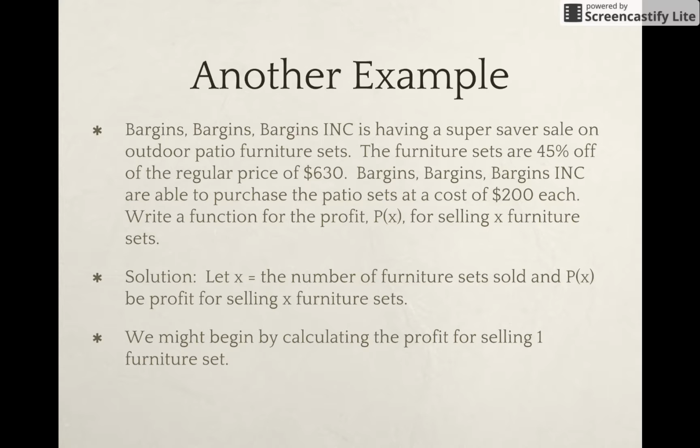We'll call it P of x, and that's going to represent the profit for selling x furniture sets. So let's let x equal the number of furniture sets sold. And again, P of x will be the profit. We might try to start coming up with this function by just thinking about the profit for selling one furniture set.